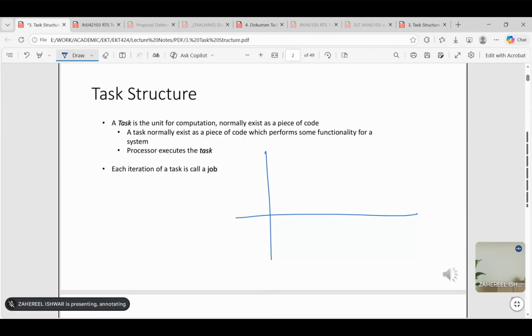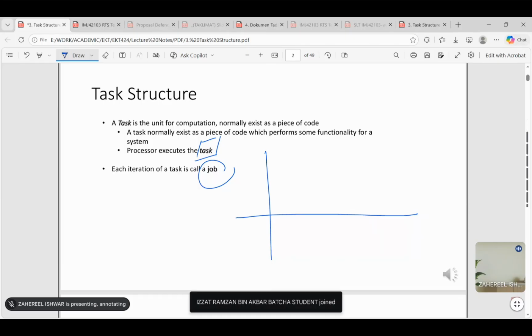Every iteration of that task, we call a job. The task itself, we call a task. For example, the task is to read data from sensor A every 5 seconds. That is a task, but every time the task executes at every 5 seconds, we call that a job.